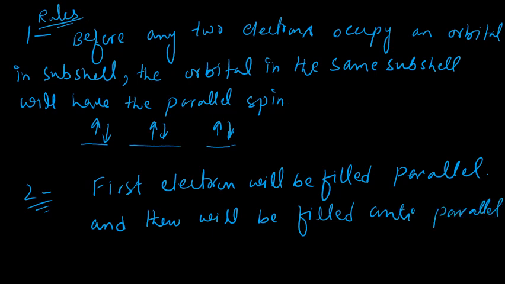These are the two rules according to which we fill electrons under Hund's rules.